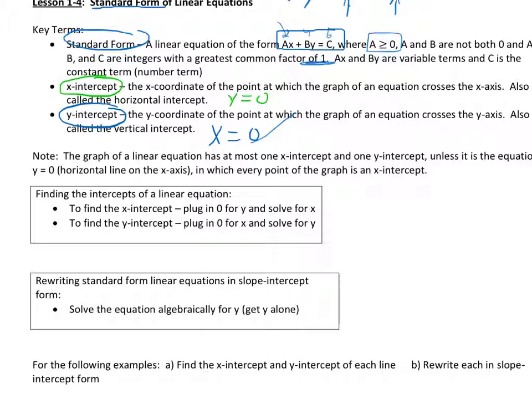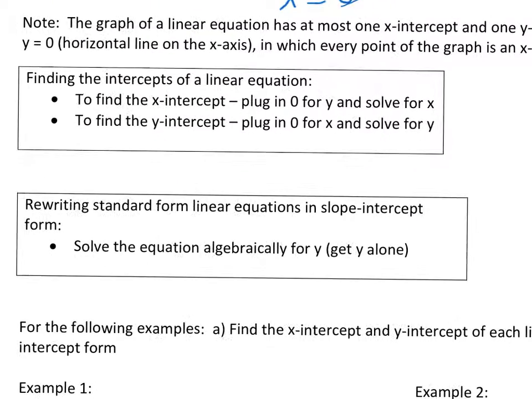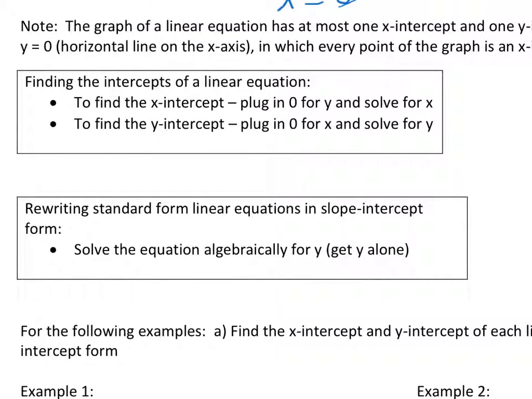So, finding the intercepts of linear equations. Here are your rules. To find the x-intercept, plug a 0 in for y. And to find the y-intercept, plug a 0 in for x, and we'll see what that looks like.